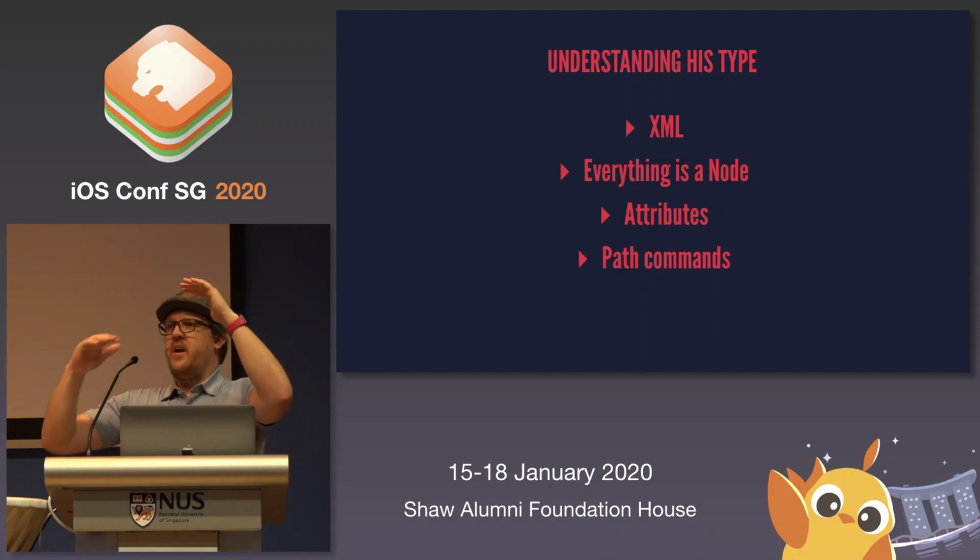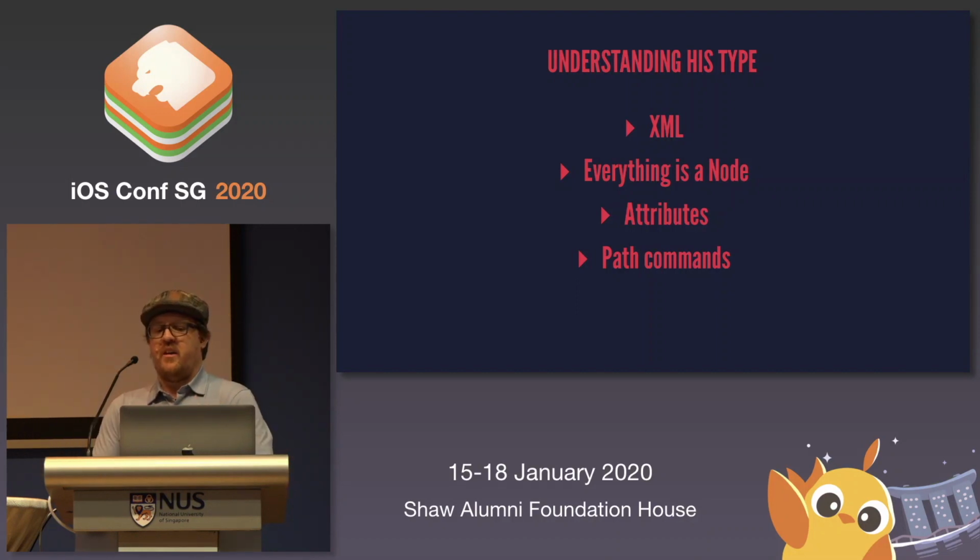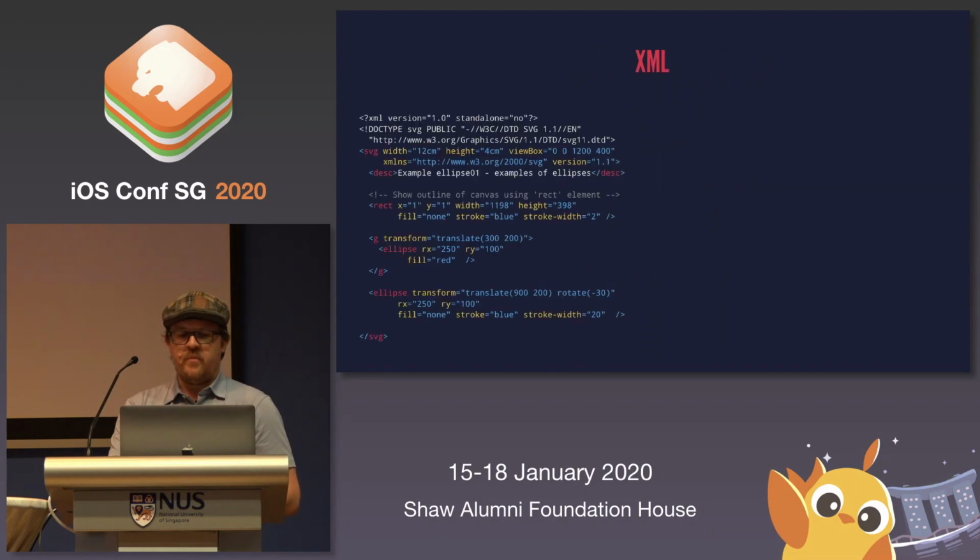You have a very hierarchical tree structure in there. These XML nodes, I'll explain that in a little bit, have attributes, and then there are also some more complex things in order to do the really fancy drawing called path commands. So let's take a look.